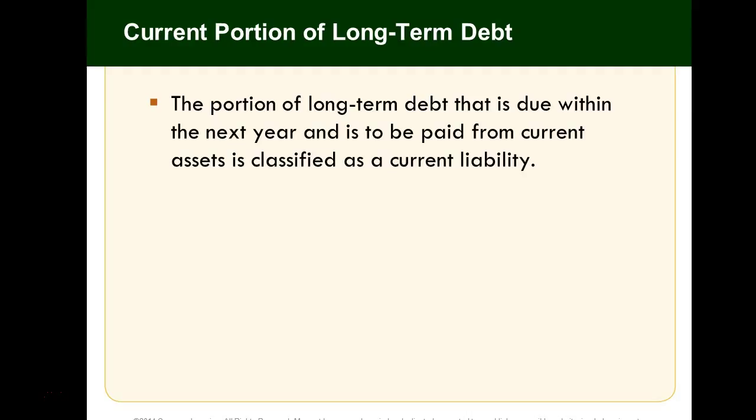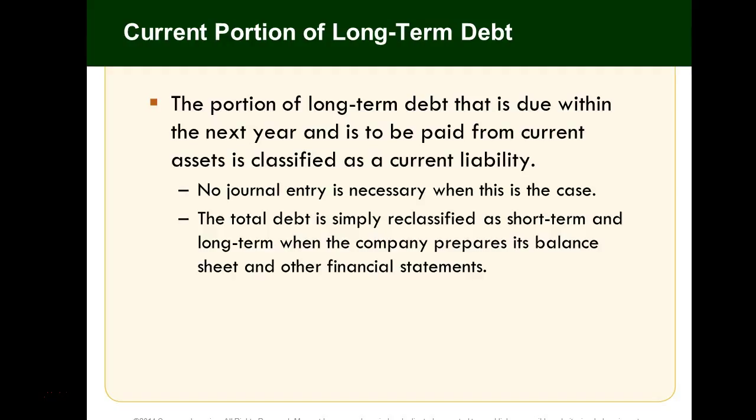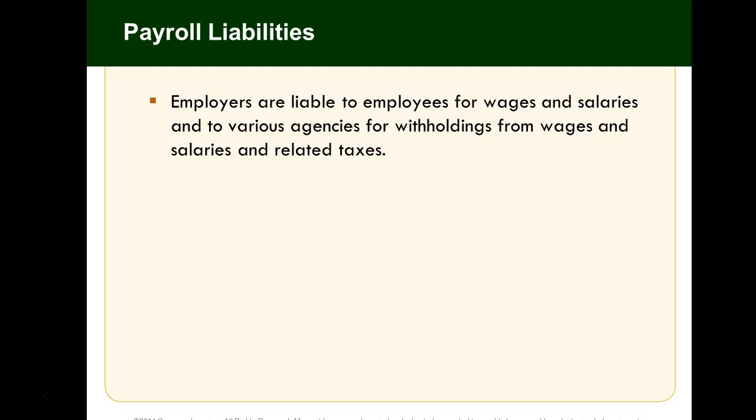That amount that is due in this current cycle is going to be recorded as a current liability. The total debt gets reclassified as short-term and long-term when the company prepares its balance sheet and other financial statements. So we're going to look at that.